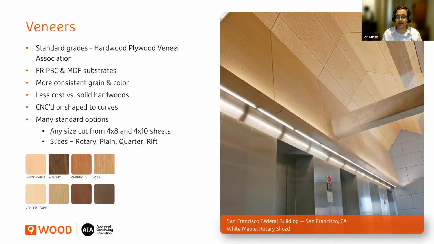And so it's another option to potentially dial in your budget. And in a ceiling application, it can still look really good. Also, veneers can be CNC'd or shaped to curves. And depending on what you're doing, it can be more time intensive and expensive than other ways, but that is a possibility.